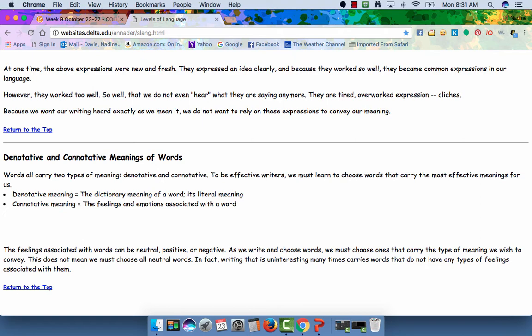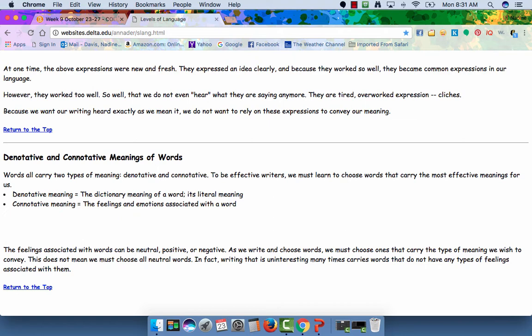Look at the emotion associated with the national anthem. The denotative meaning is just this is the anthem that signifies respect to the United States of America. If you're talking about the American national anthem, every country has their own. But the connotative meaning with the national anthem has caused so much trouble right now. We have people angry at football players for taking knees. We have people locking hands in solidarity.